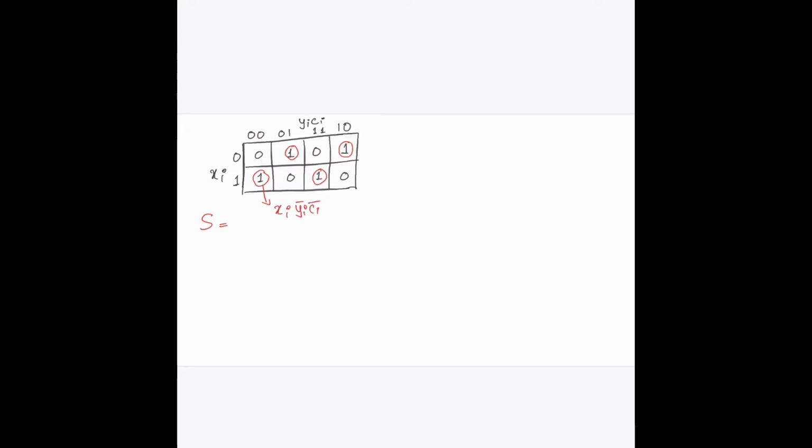Similarly each term can be written. This represents xi bar yi ci bar, this represents xi yi ci, and this represents xi bar yi bar ci.